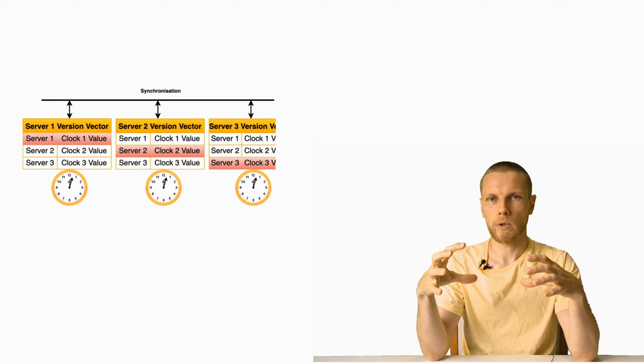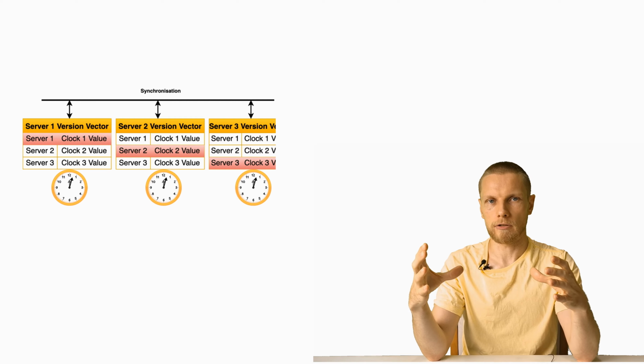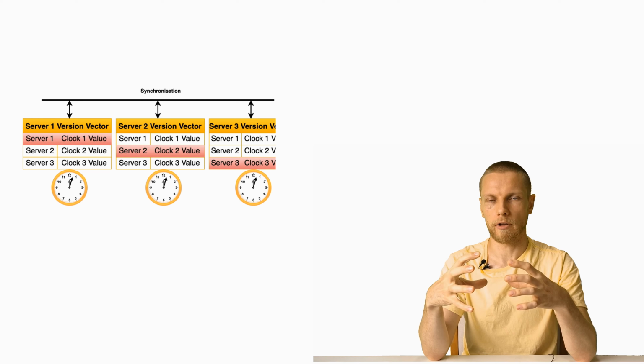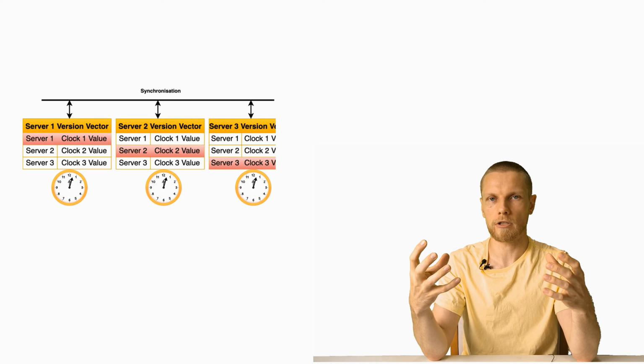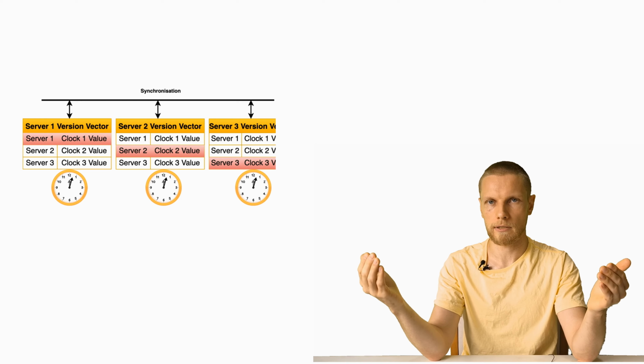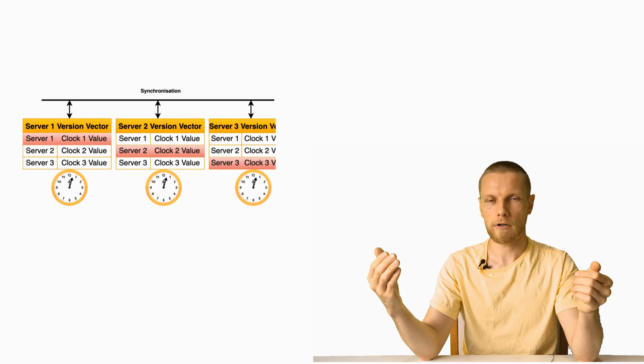And the main idea of this approach is that we will remove our major drawback, the infinite set of writes, and we will compact all of those writes into a small version vector. This version vector will contain a number of elements equal to the number of the servers. Each server needs to have its own clock.